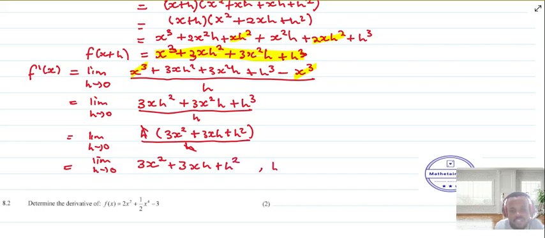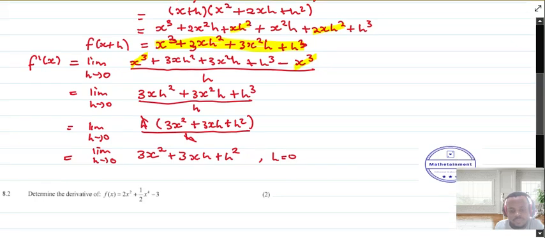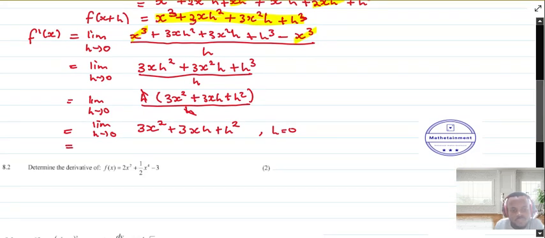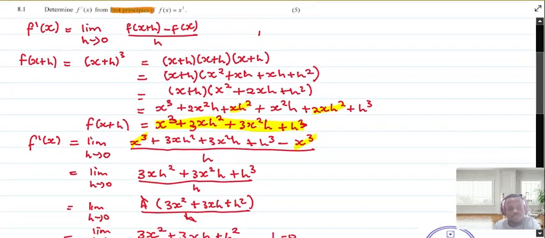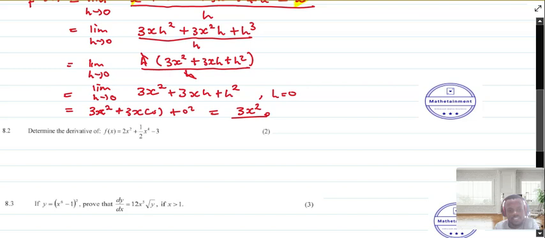So then you can let h now equal 0. When h is equal to 0, that means you'll be left with 3x squared plus 3x times 0 plus 0 squared, which is equal to 3x squared. So f prime of x using first principle gives us 3x squared.